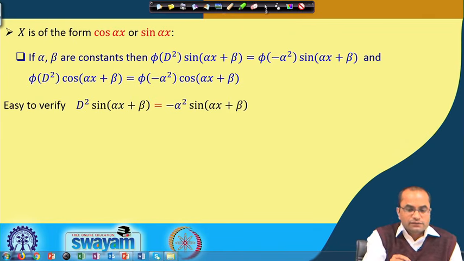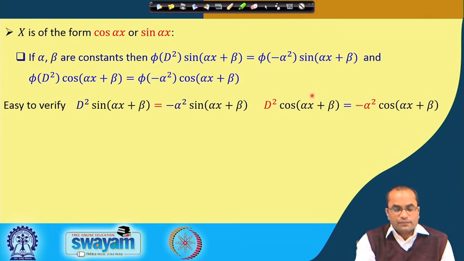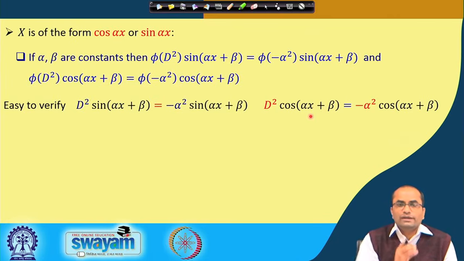So, having this result now, what we realize is that the same holds for the cos here: d square will be replaced by minus phi square. Whenever we have an expression in the form of phi of d square, this d square will be replaced by minus phi square.